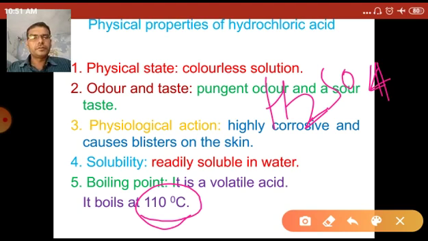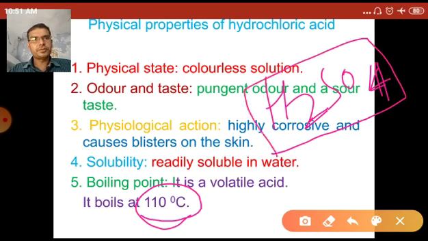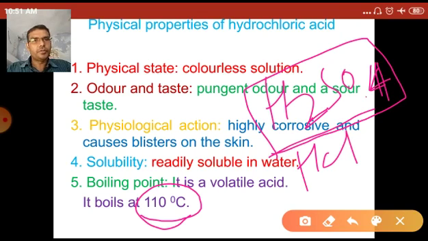So during the preparation of the hydrogen chloride gas, the hydrogen chloride gas escapes from the conc. H2SO4 because HCl is more volatile than sulfuric acid, and its boiling point is 110 degrees Celsius.